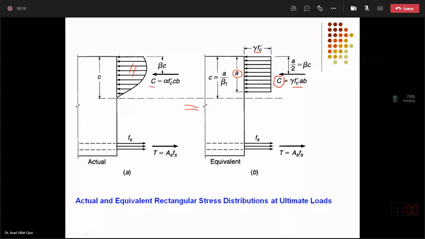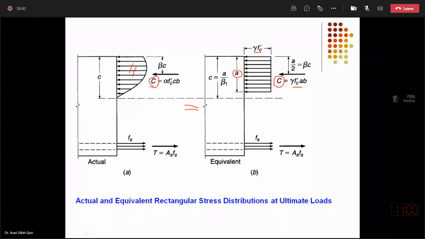Then everyone will accept that rather than going through this rigorous exercise and doing integration, this seems more simple. If I know f'c, simply 85% of it, and I can get a on which these uniform stresses are present, it is easier to get the C value.